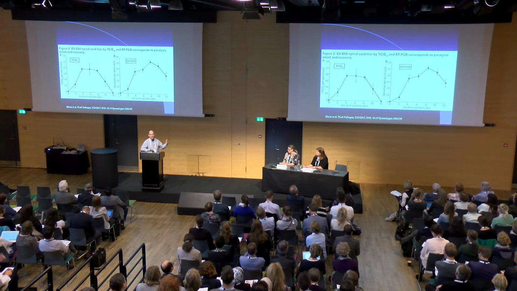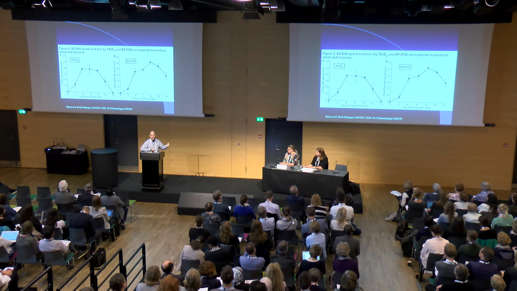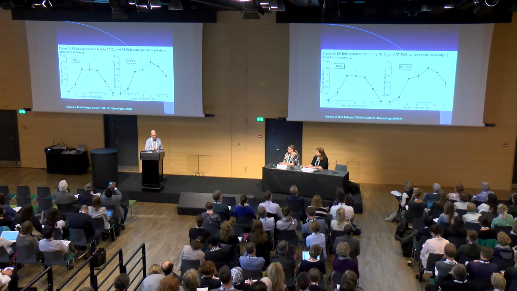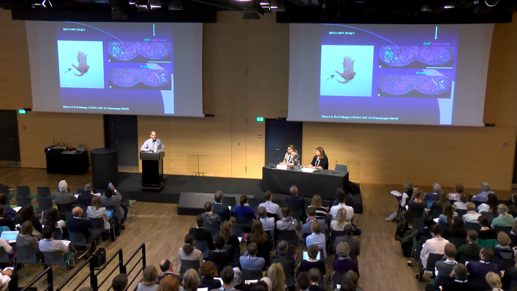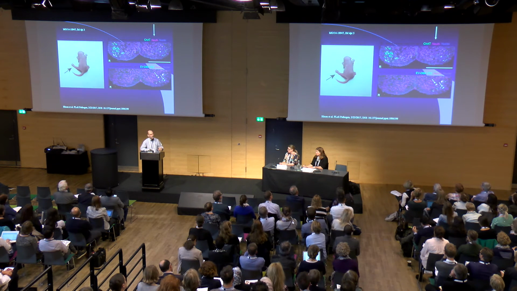As I alluded to, this is from an original paper in PLOS Pathogens. Virus grows either by titering infectious virus in the spinal cord, TCID50, or by RT-PCR in the spinal cord. There's a beautiful neuropathologic correlation between where the animals are paralyzed and where you see death, loss of motor neurons, and viral antigen.